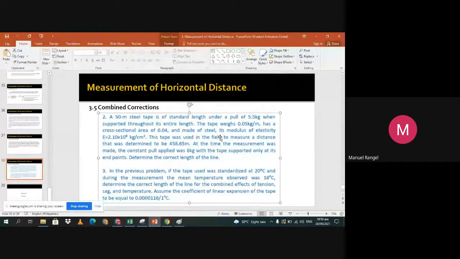This tape was used in the field to measure distance that was determined to be 458.65 meters. At the time the measurement was made, the constant pull applied was 8 kilogram. The tape supported only at its endpoint. So determine the correct length of the line, up to 4 decimal places.